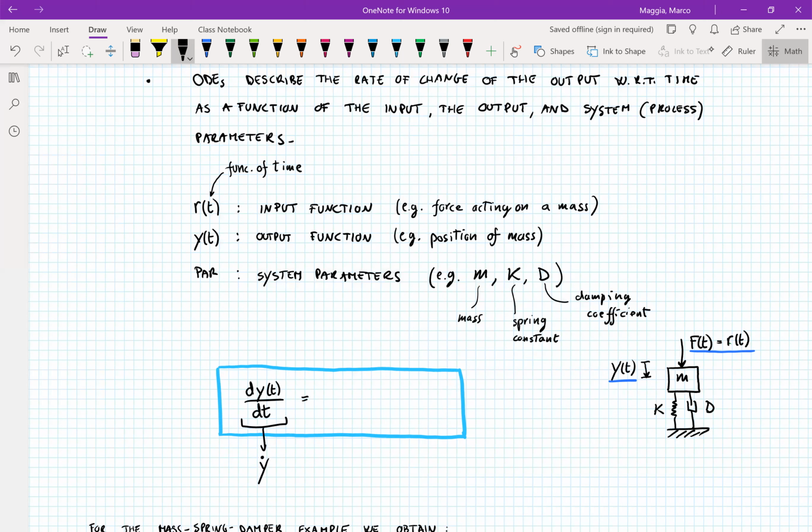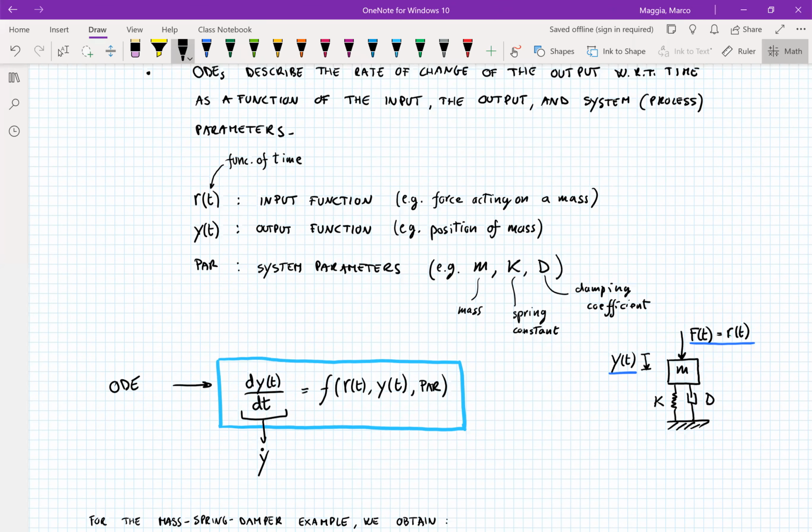So this is going to be a function of the input, of the output itself, and on the system parameters. All right, so this kind of equation is called an ordinary differential equation. We already saw it last time, so let's bring it back in this lecture as well.